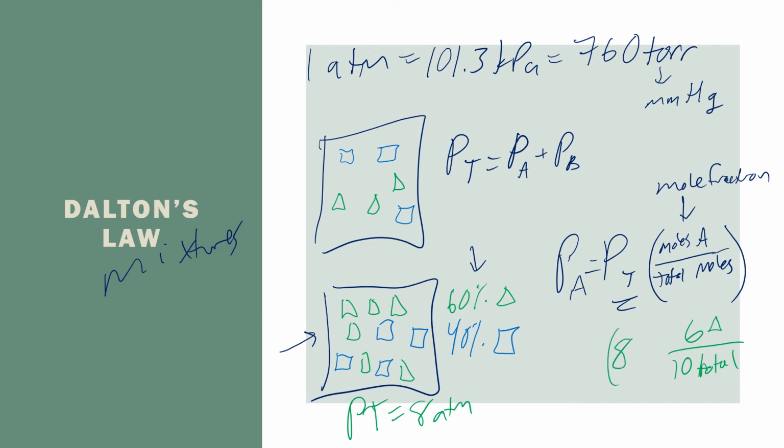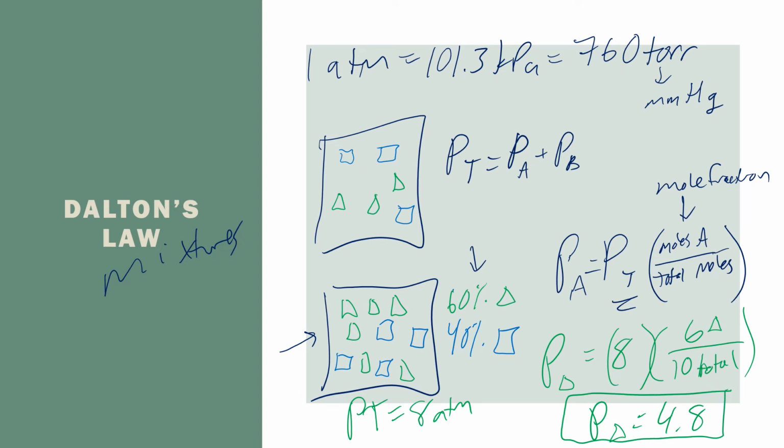So I would say the total pressure is 8 atm times the 6/10 would give me the pressure of just A, so the pressure from just the triangles. Pressure of just the triangles in the substance would be 6/10 of 8, or 4.8. And that's how you would solve that Dalton's law problem.